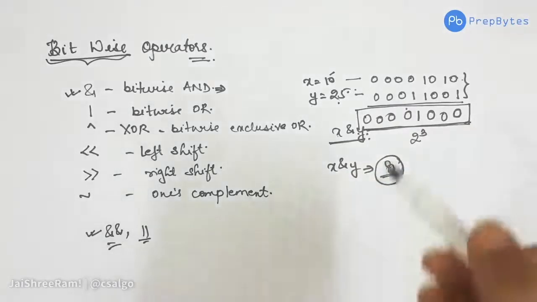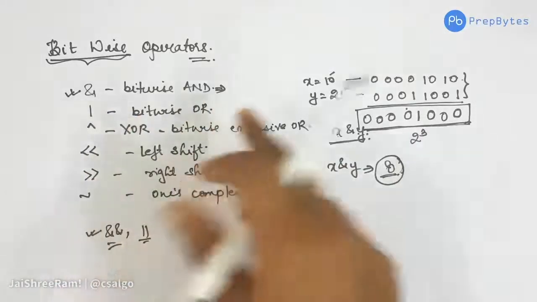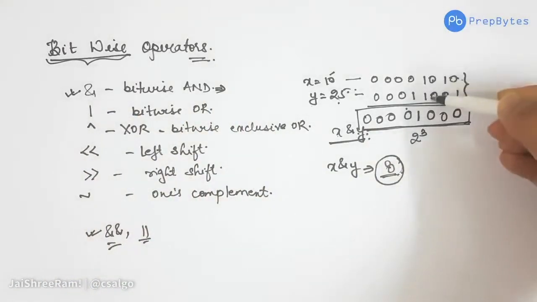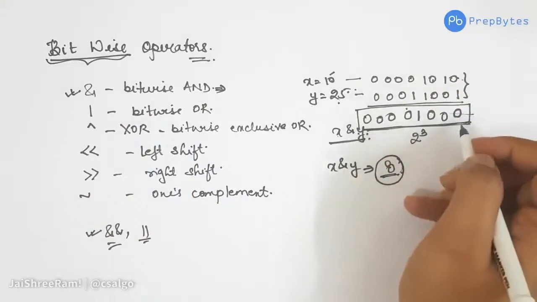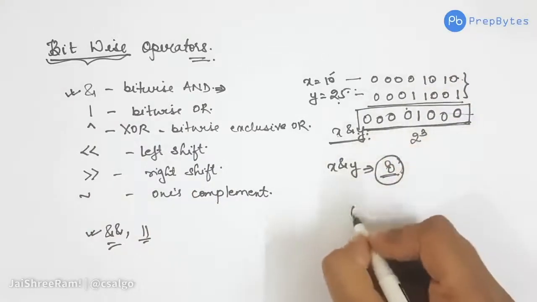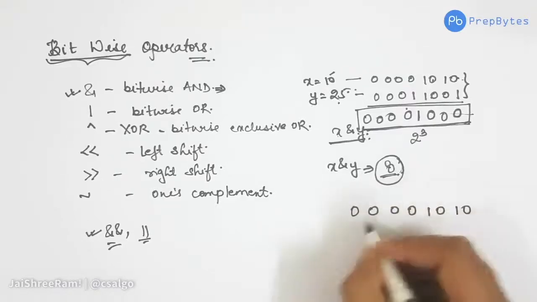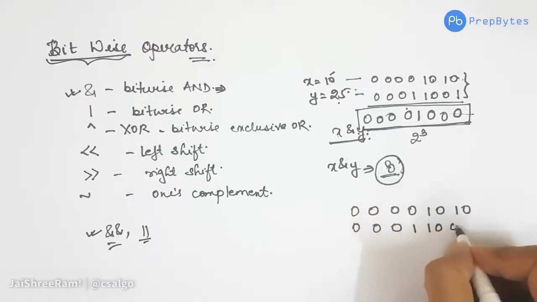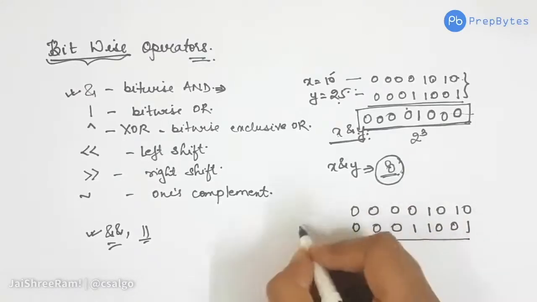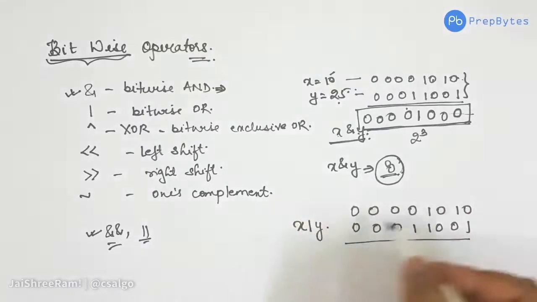Now let's see what happens in the case of bitwise OR. If either of the bits is 1, the resultant has 1 as that bit. If I perform X OR Y, what do I get?